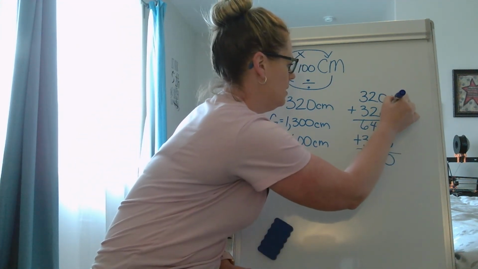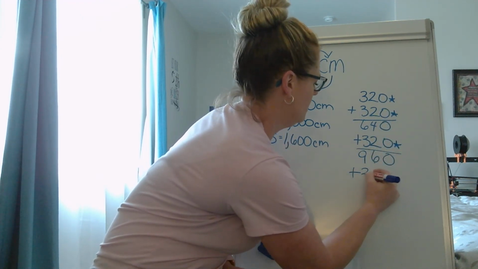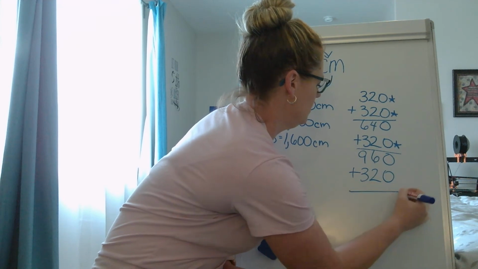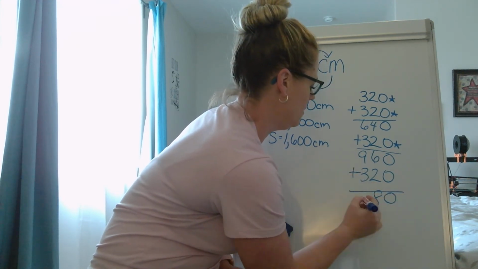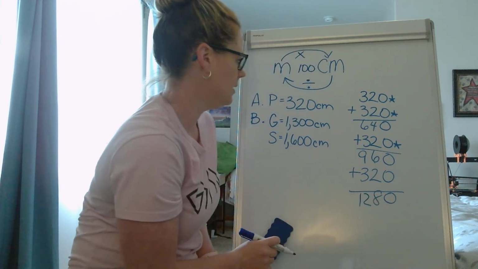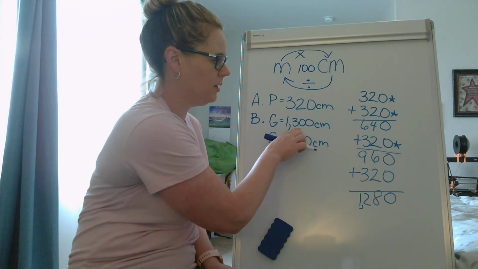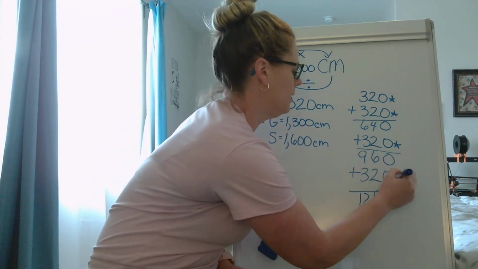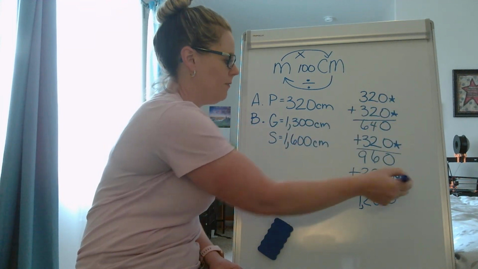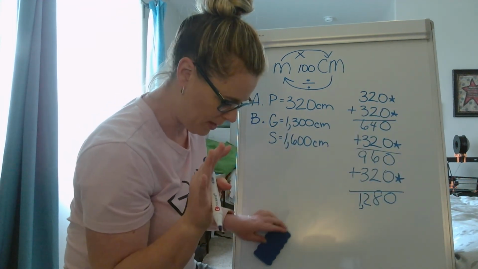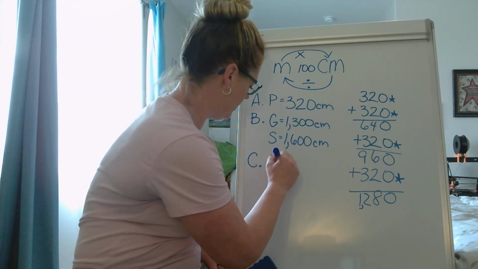So here's 1, 2, 3. We can still add another one to that. 1,280. Oh, that's really close. So we're not going to be able to add another one of those, another box. So she can get 1, 2, 3, 4 full boxes. So part C is going to be 4 boxes.